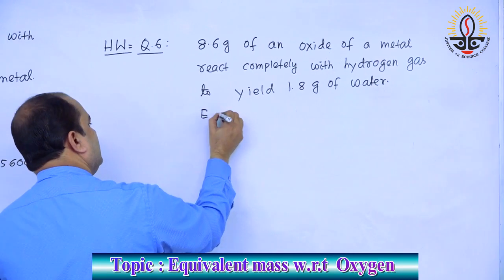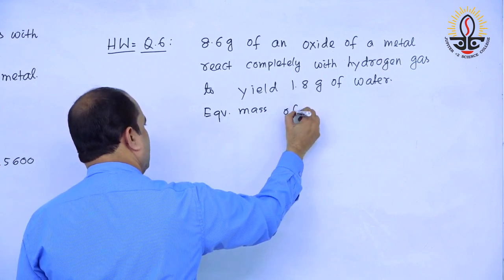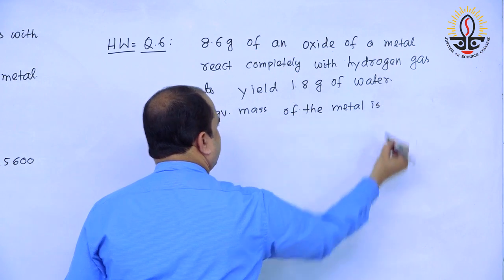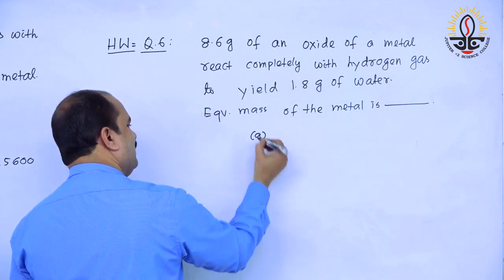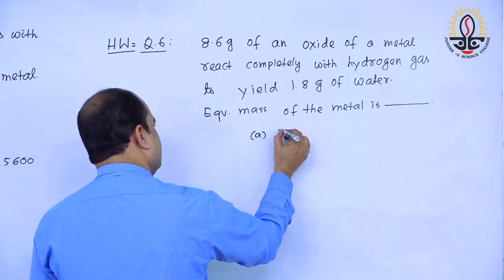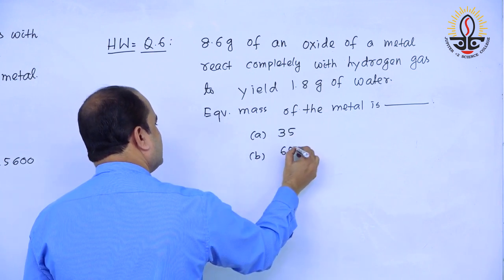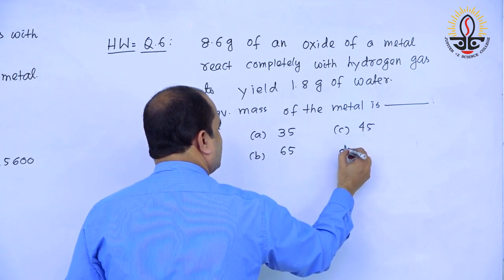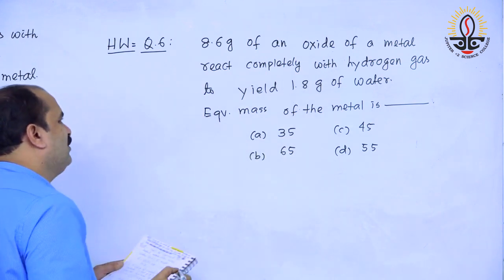The equivalent mass of the metal is dash. Options are, multiple choice questions: option A 35, option B 65, option C 45, option D 55. The question is given as your homework.